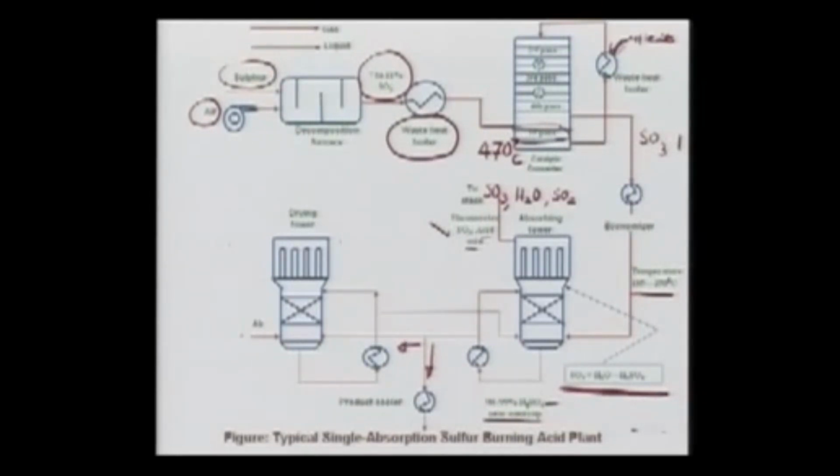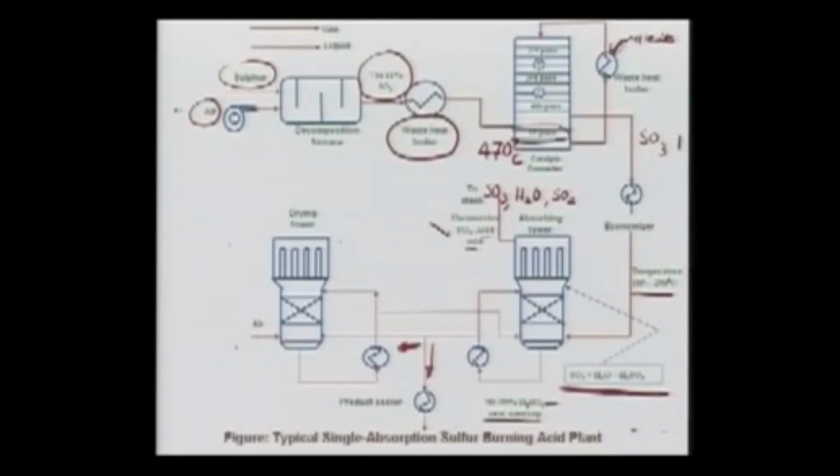We are using air in the process, but where is this air coming from? Air comes after drying in the drying tower. So we use sulfuric acid for drying, and you recycle this sulfuric acid and keep on drying the air that you have.